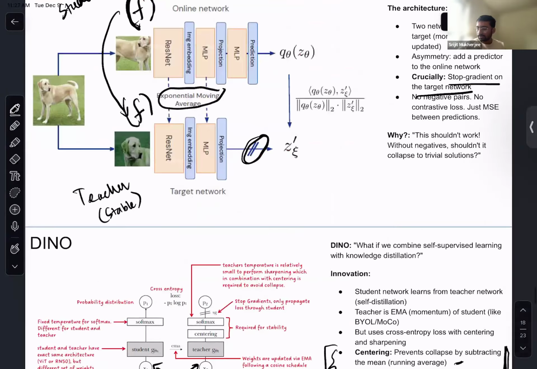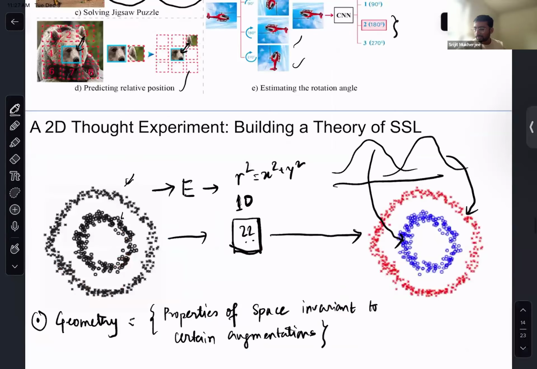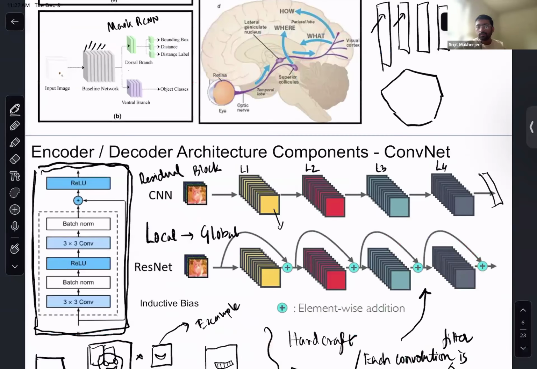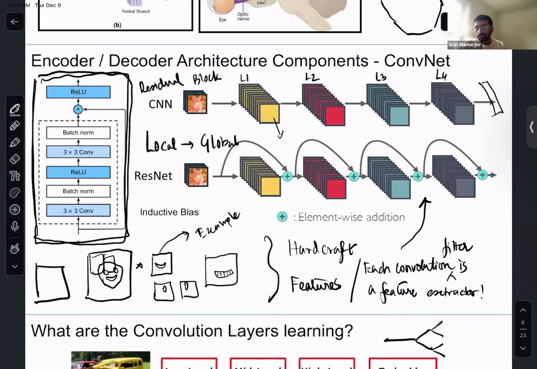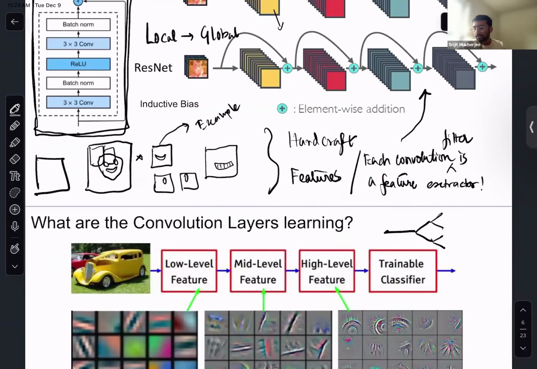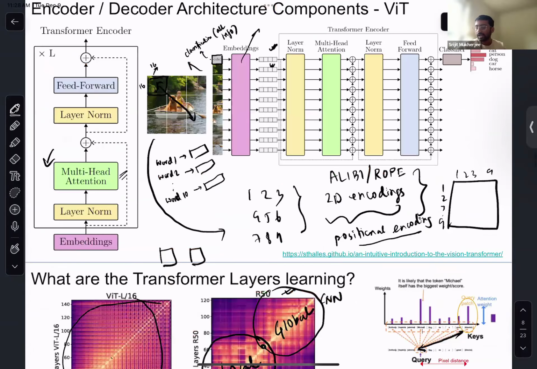So from this diagram, this is one layer for the convolution, and this is one layer for the transformer. I'm thinking of this as one layer. The attention is equivalent to convolution in my thought process, and the number of channels is equivalent to the number of heads.